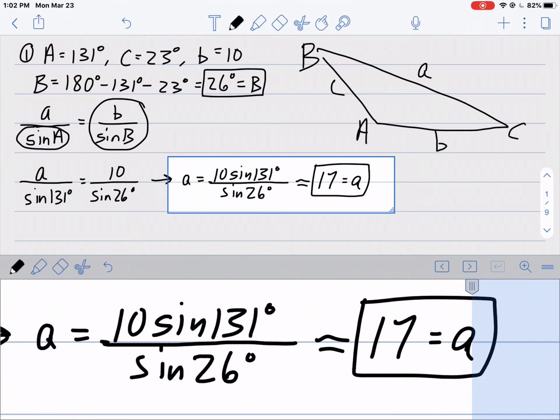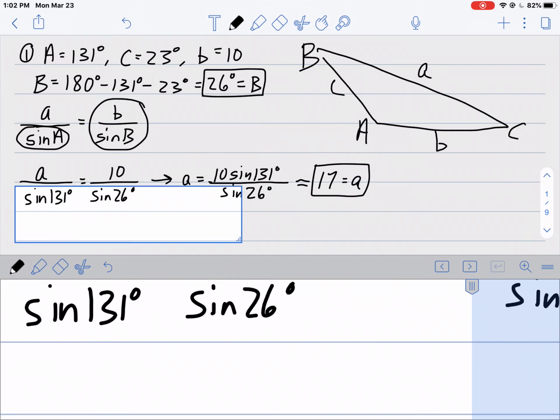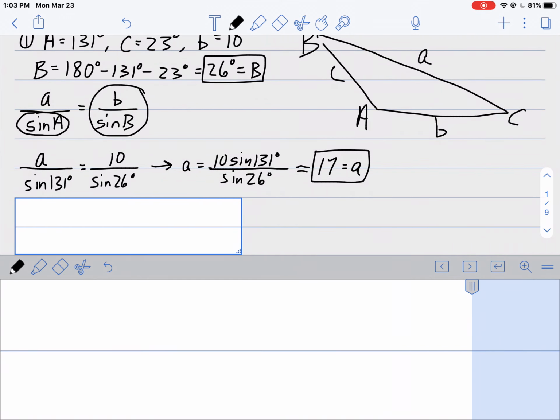And then that leaves us with finding the length of our other side, side C. And so in this case, I would set up the ratio. C is what I'm looking for. And notice I always like to put whatever I'm looking for first. I'm looking for side C, so that's what I'm going to put first.